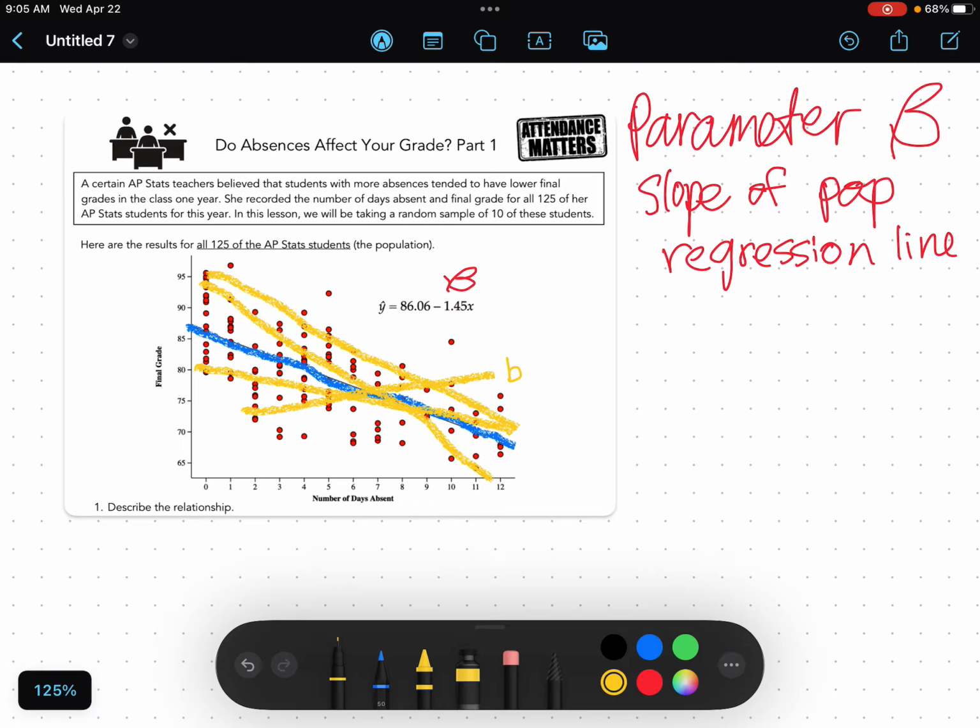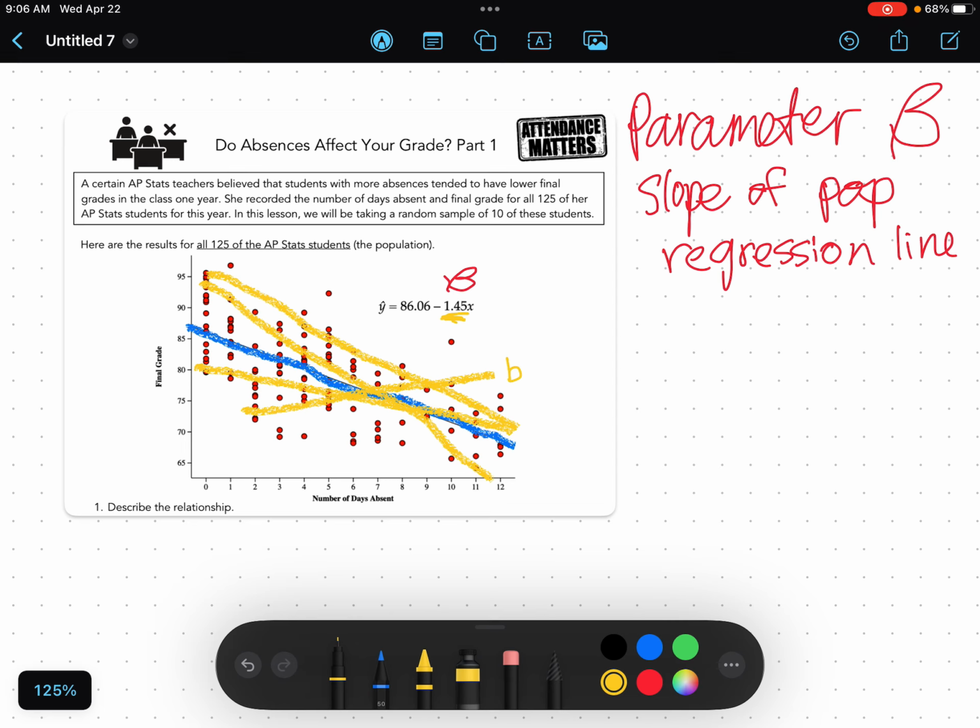When you're interpreting slope, the negative 1.45 in this case is referring to how much something is increasing or decreasing based on the explanatory variable increasing by 1.